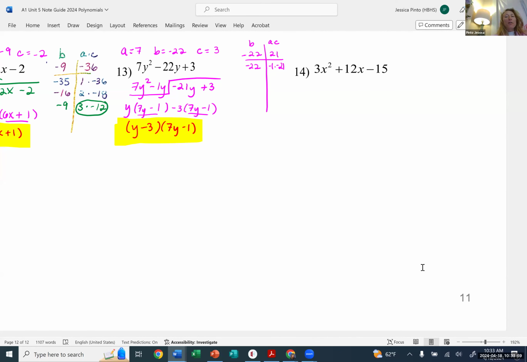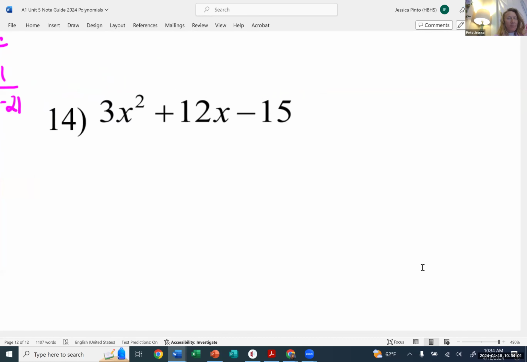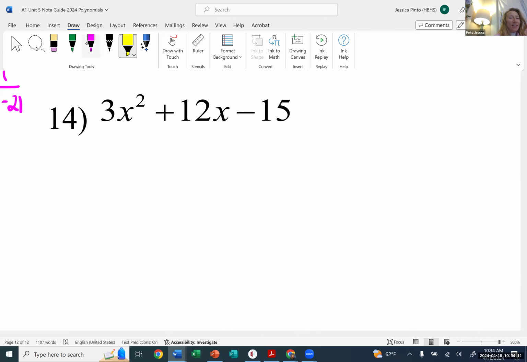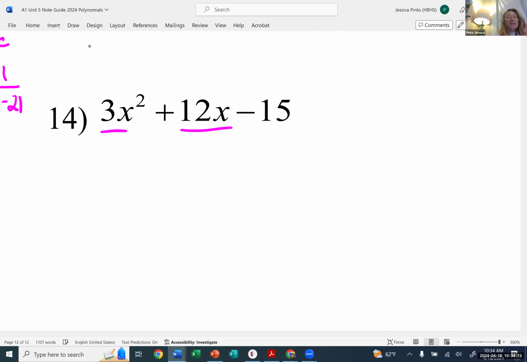Okay, are we ready for 14? We're all gonna love 14 because of 3. What can we do with 3? Divide what? All of them. When we divide everything by 3, we're very happy, giving me x squared plus 4x minus 5.